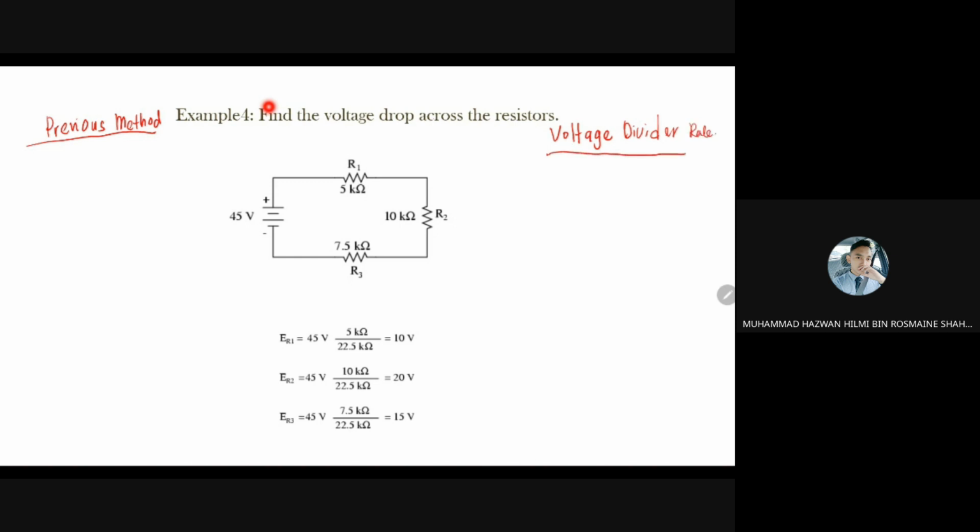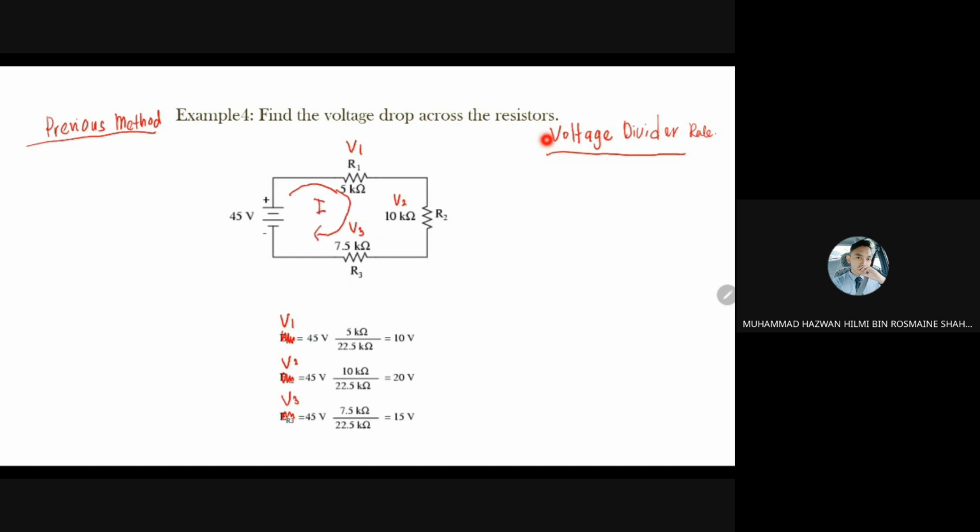Okay. For the previous method, we call them V1, V2, V3. So this one is V1, V2, V3. If you want to get V1, first of all, you need to find I across this loop.